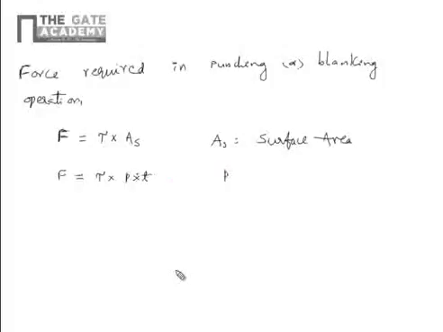P is perimeter of sheet, T is thickness of the sheet.